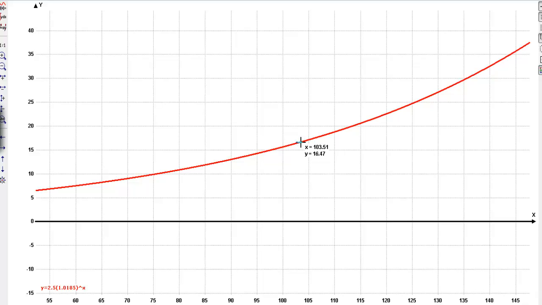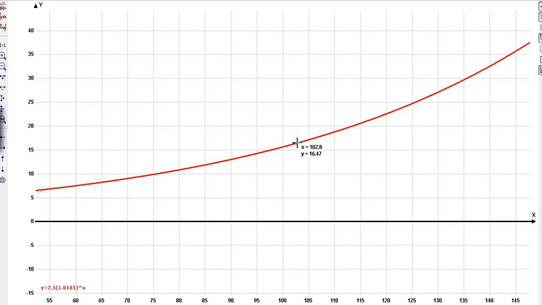But it has to be on my graph. So there, 16 right there, and it's at 102.49, more or less, right? It's pretty close. It's at about 102, there, 102.88.